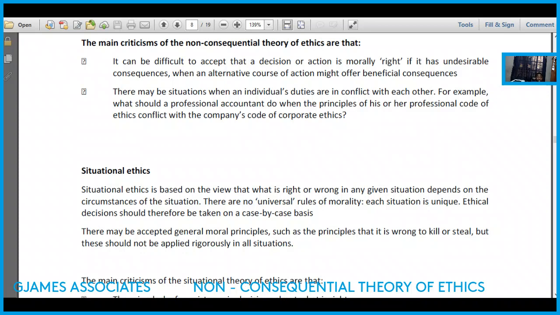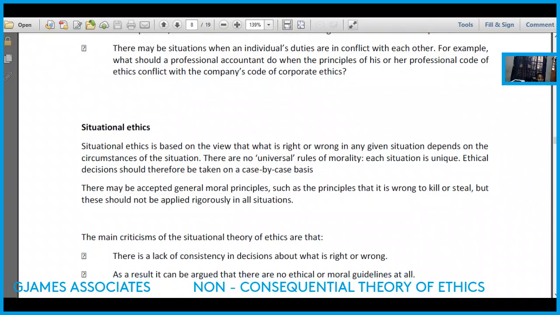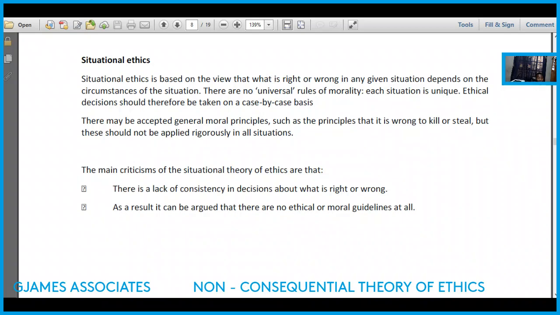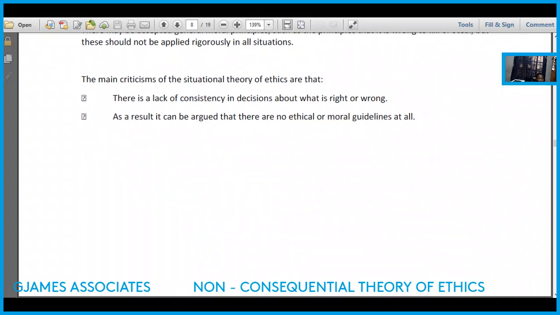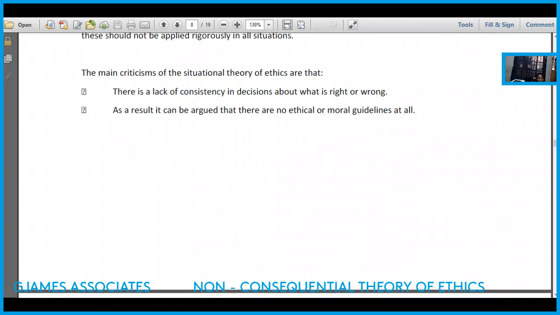So situational ethics believes simply that our decisions, our actions, our inactions will be judged based on the situation we find ourselves, and that there is no universal rule of morality or what is right or what is wrong at a particular situation. Of course, situational ethics has its demerit and criticism, and one of it is that there is a lack of consistency.